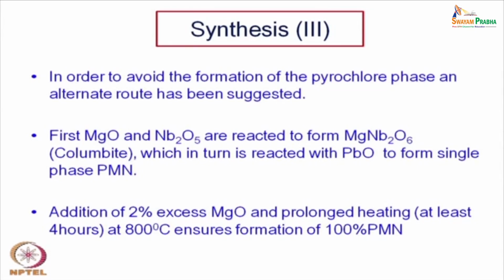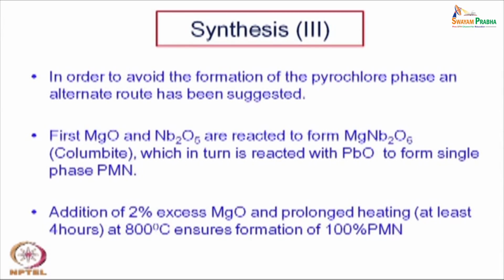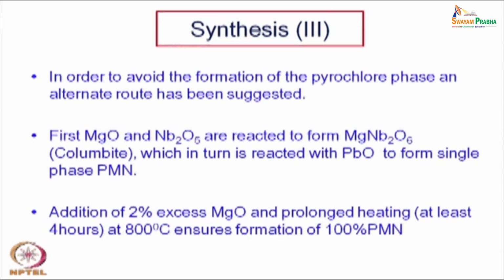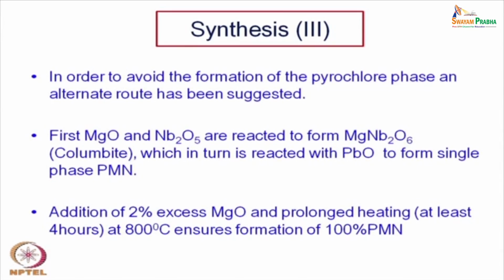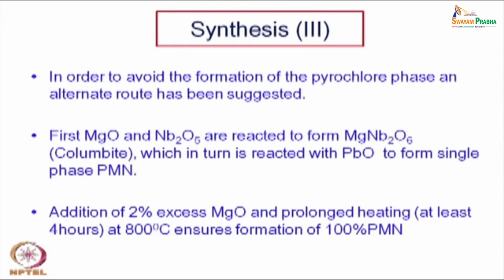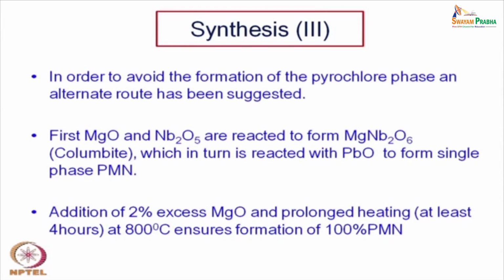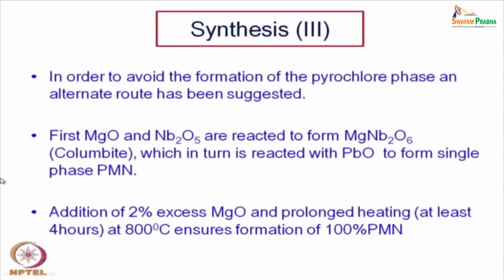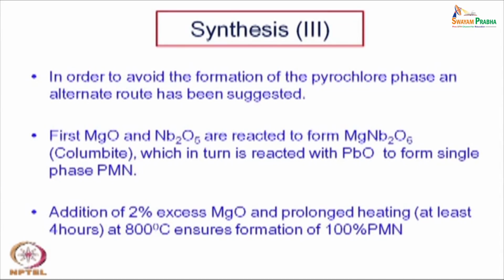For completion of the reaction, about 2% excess of MgO and prolonged heating is necessary, more than 4 hours, but sometimes more, at 800 degrees centigrade to ensure the formation of 100% PMN. So, the synthesis of PMN is slightly difficult because it has a tendency to form the pyrochlore phase.